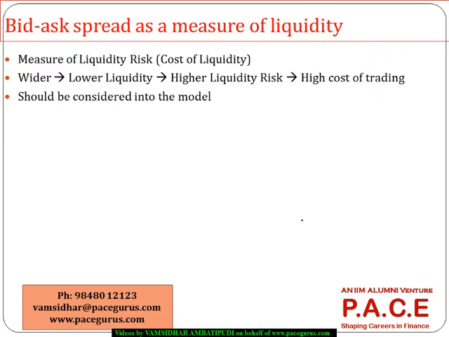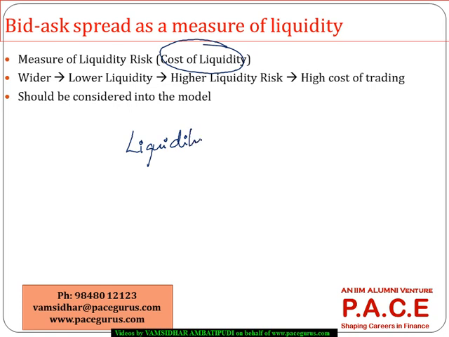Then the next thing we need to talk about is the role of bid ask spread. This is a big measure of liquidity and the liquidity risk. We also call it as the cost that is involved with respect to the liquidity of the transaction. The higher the liquidity is, so liquidity, we need to differentiate between these two words.